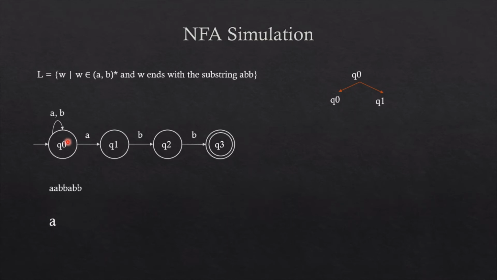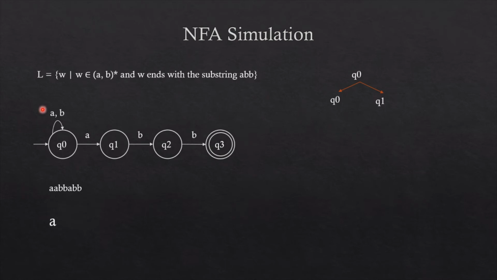And for that guess, we're having this transition to Q1. Another scenario is that this won't lead to ABB, and even if it does, it may not be the third last symbol. It may not end in ABB. We may see other symbols after that.